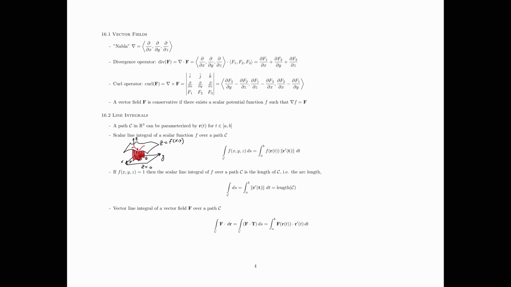So one thing that's usually helpful, and a lot of times gets asked, is what is ds? ds, you can think of it as the magnitude of the derivative, dt. Now to me, that's exactly what this says. But to be much more explicit, that's what we have. So if you see ds, it means it's a scalar line integral, and you would compute it in this way, where your a and b come from your domain for t.